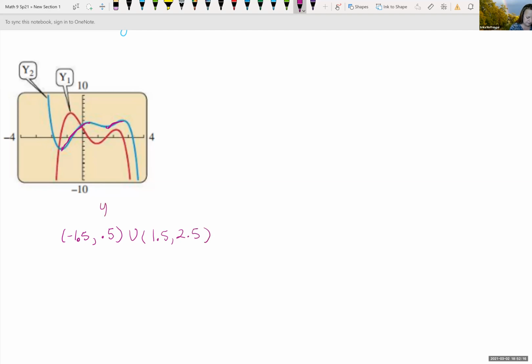So y sub 2 increases on this interval, which means that our derivative function, y sub 2 prime, is greater than 0, which means that the derivative function has to be above the x-axis. So is y sub 1 above the x-axis on those intervals?